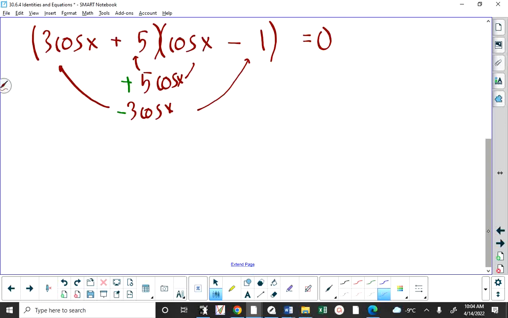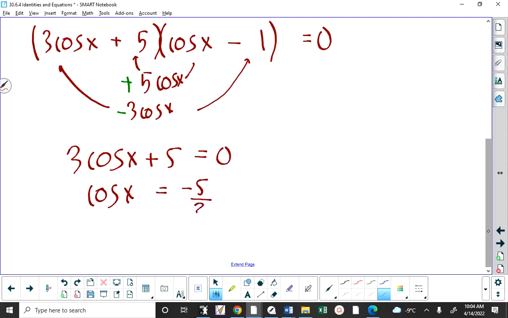As I'm writing this down, I'm thinking the next step is going to be to move that 5 over and divide by 3. But that is a cosine value of negative 5/3, which is outside of the range of values of cosine of theta. Cosine of theta goes from negative 1 to 1, whether you talk about the graph, or the x-coordinate on the unit circle. So there's no solution here.